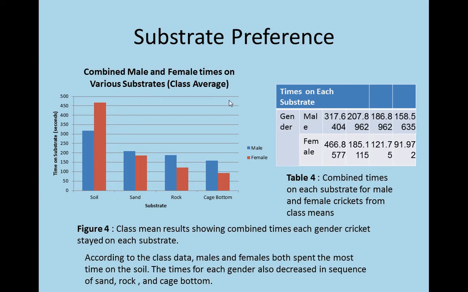For the class data, it's clearer that soil was the preferred substrate, especially by females, which may be due to scouting out for a good place to lay eggs. And then sand, rock, and cage bottom were preferred in that order based on the time spent there.